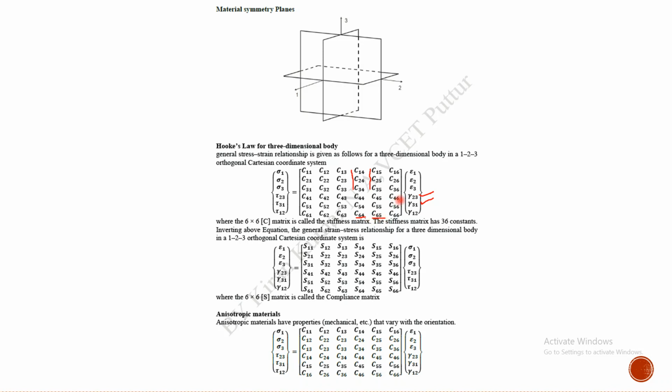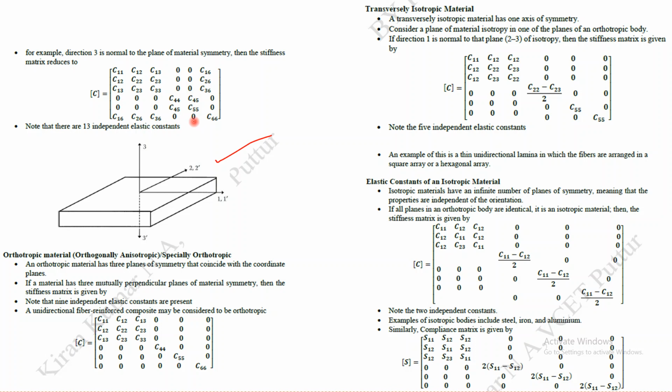These two are also multiplied to gamma 2 3 and gamma 3 1. Since these two values are 0, C46 and C56 will also become 0. Likewise, the total constants are reduced to 13 independent elastic constants.